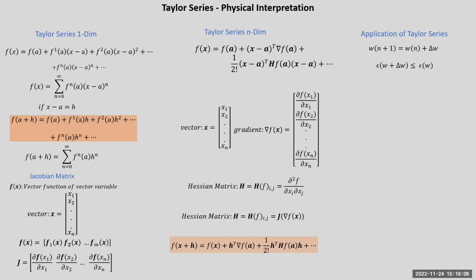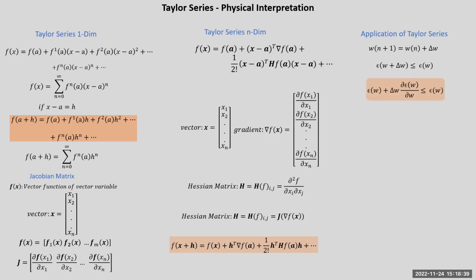Whenever w is updated by delta w, the expected error should be lesser than the previous value, or at bare minimum it should be equal to the previous error value, and therefore you come across the equation epsilon of W plus delta W is less than or equal to epsilon W. Now here, this problem can be solved using a Taylor series as follows.